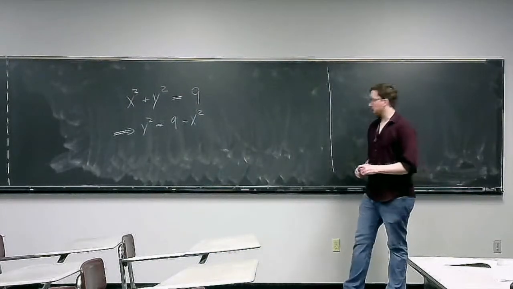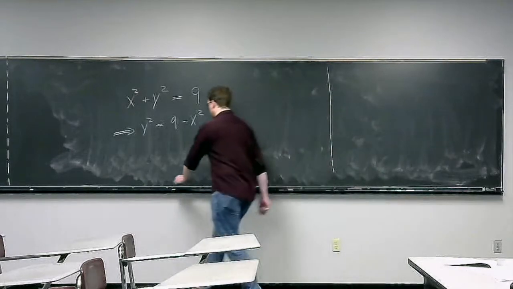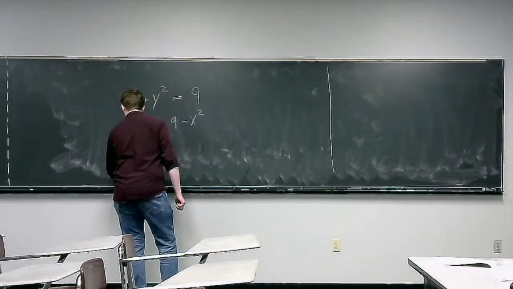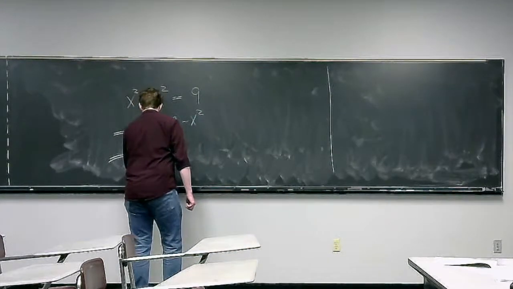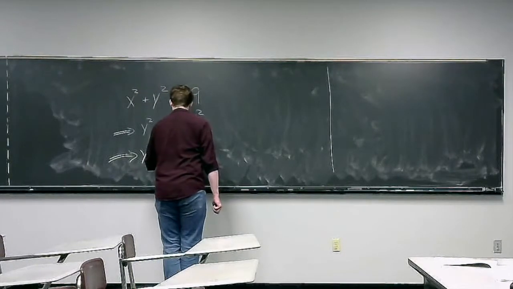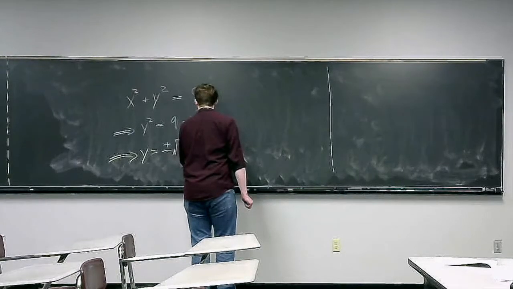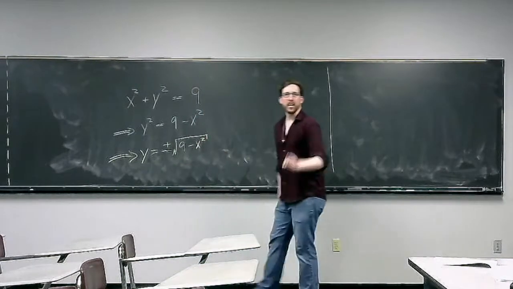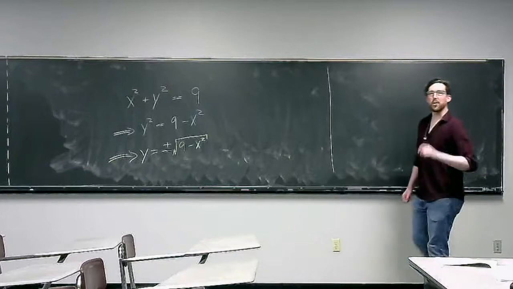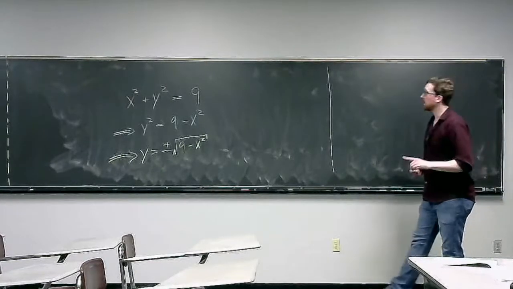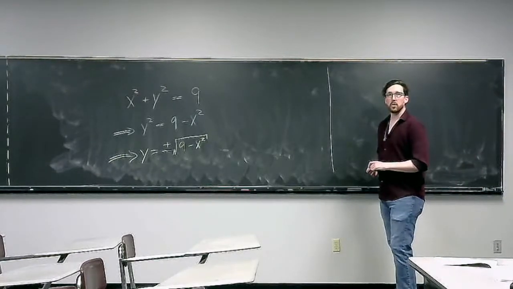And if we took the square root of both sides, we get that y is equal to plus or minus the square root of 9 minus x squared. Aha, you say. See, I told you so. We could untangle those. And I say to you, no, we can't.